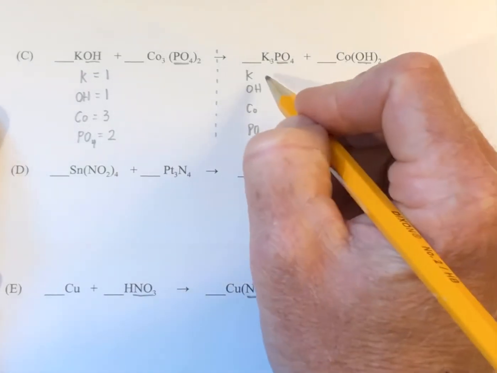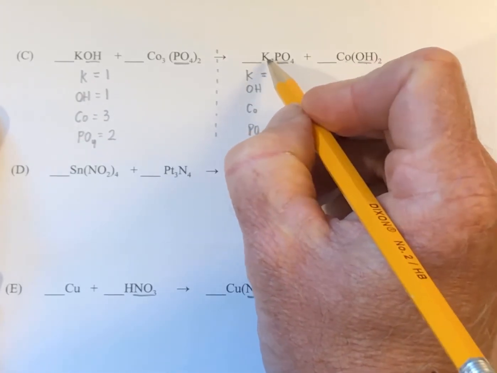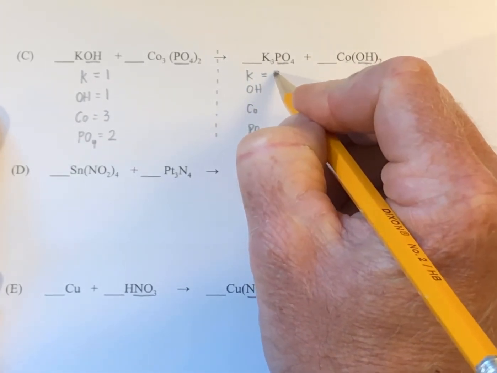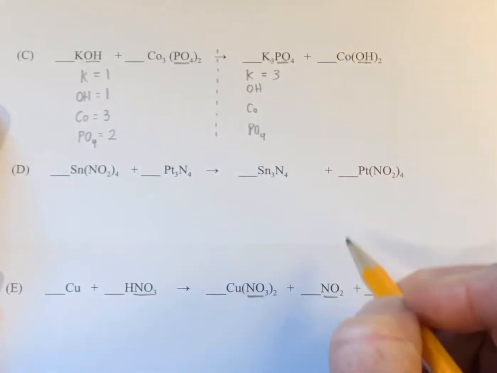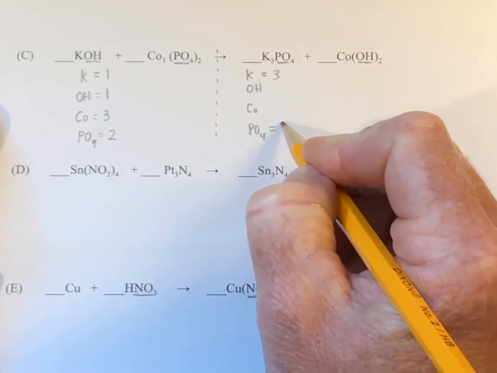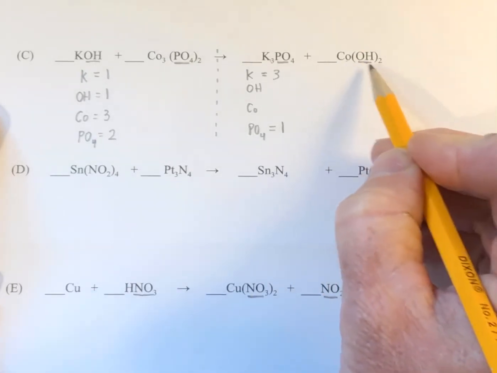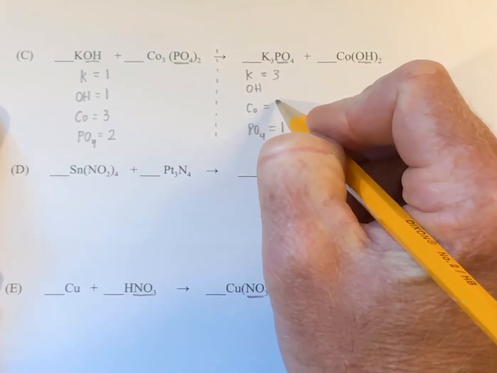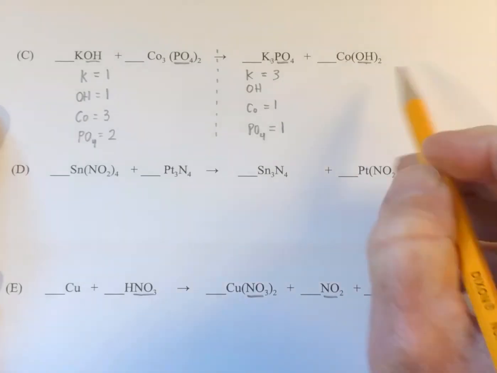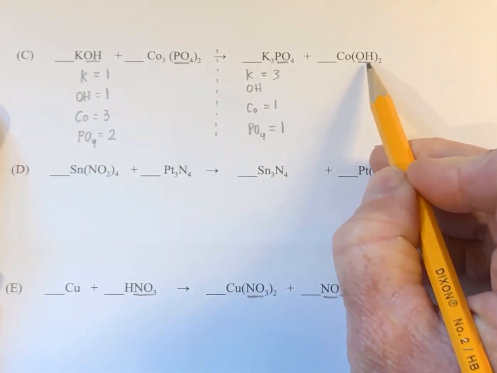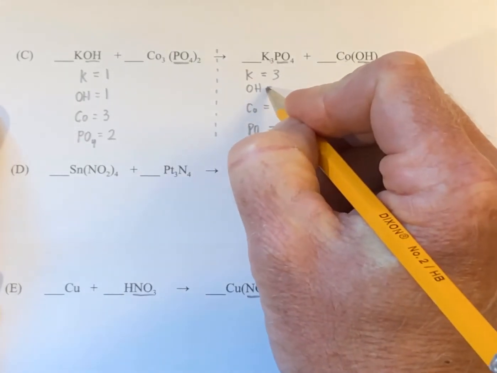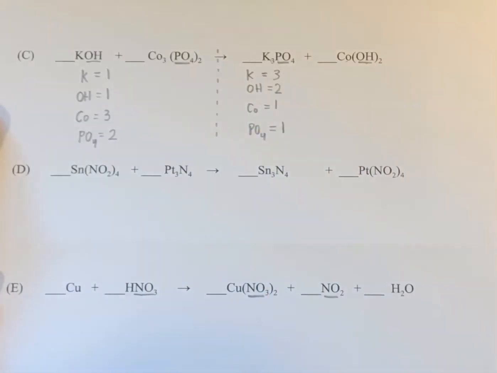On the product side, count again, we have 3 of the potassium. This phosphate, which is not in parentheses, means that there's only 1 of the phosphate ions. For cobalt hydroxide, cobalt has a 1, and this hydroxide in parentheses and a 2 outside says that there are 2 of the hydroxide ions.